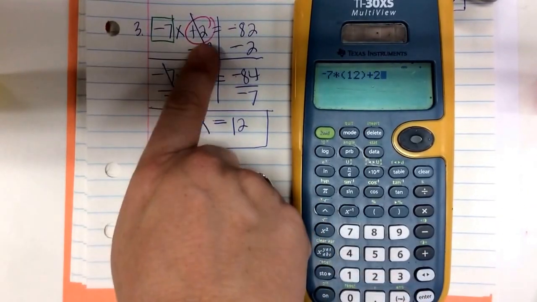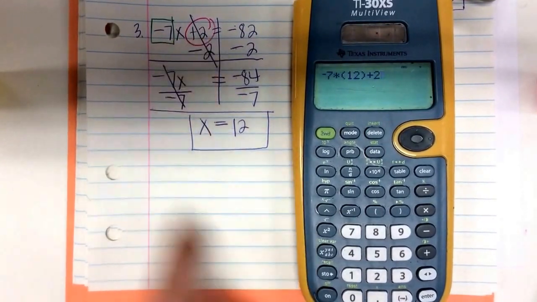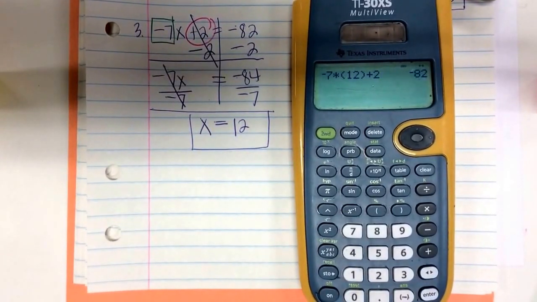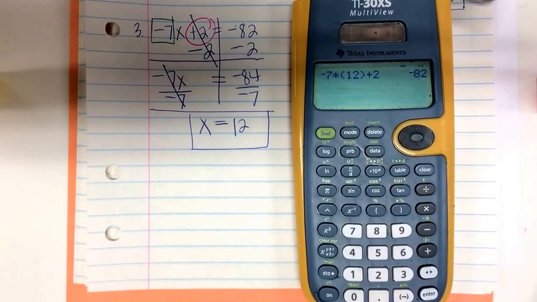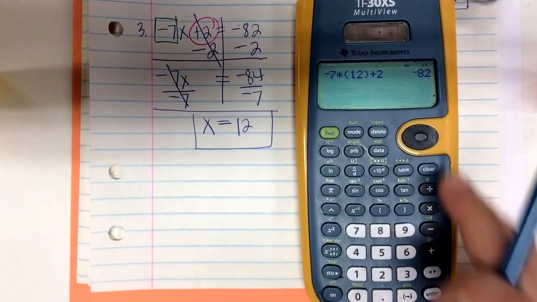Plus 2. That's my problem. -7 times x plus 2. Did it work? Yes, it worked. I got the right answer. It says -82, and that's what my paper says. Calculator and paper match. It's right.